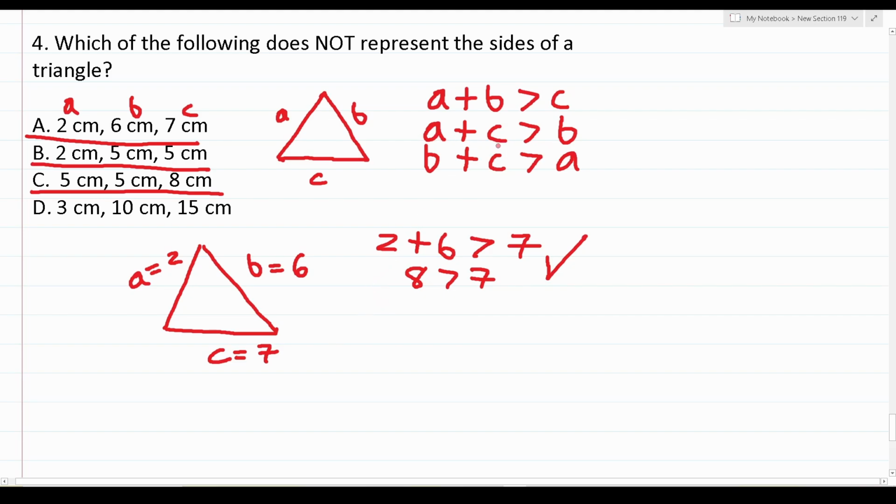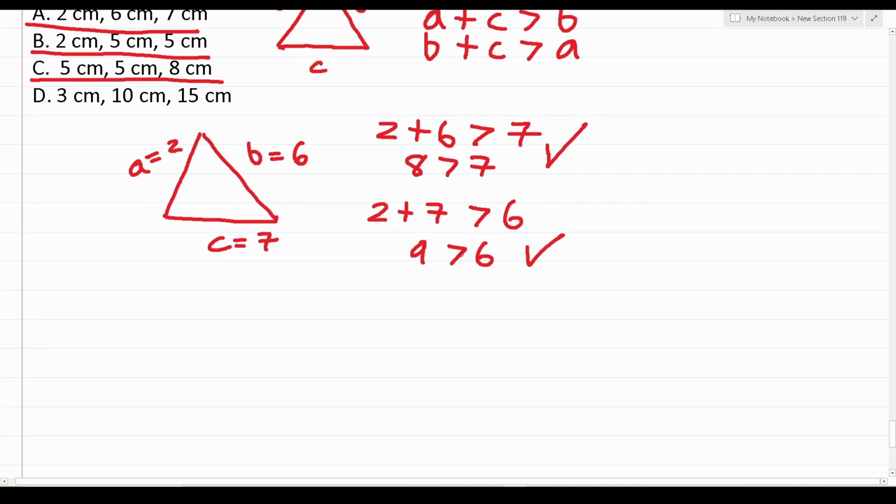Next, let's move to A plus C. So that's going to be 2 plus 7. 2 plus 7 has to be greater than B, which is 6. 2 plus 7 is 9. Is 9 greater than 6? It is. And finally, let's move on to B plus C, and that has to be greater than A. B is 6. C is 7.